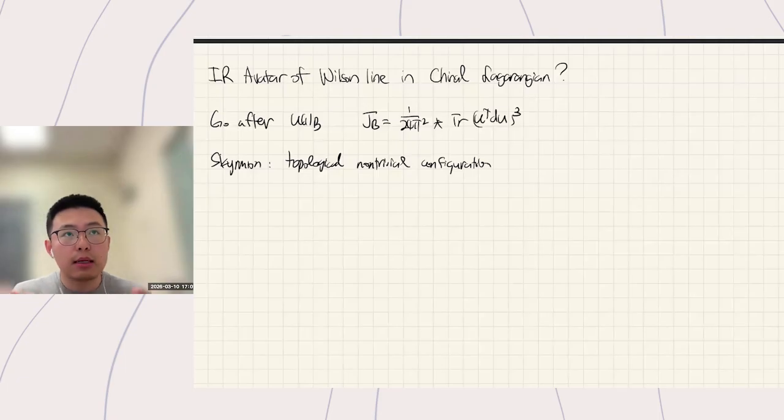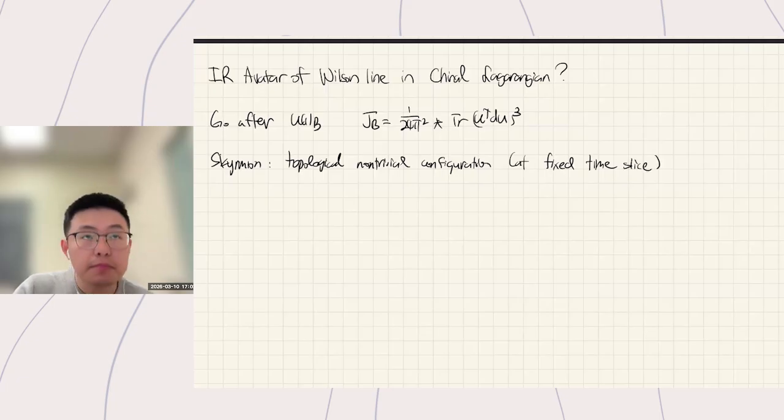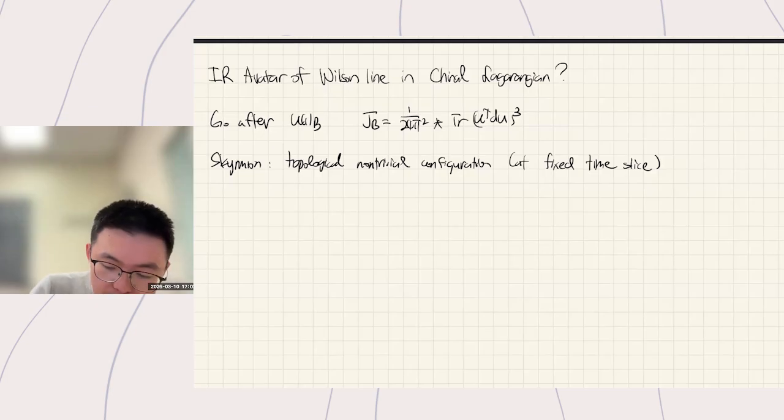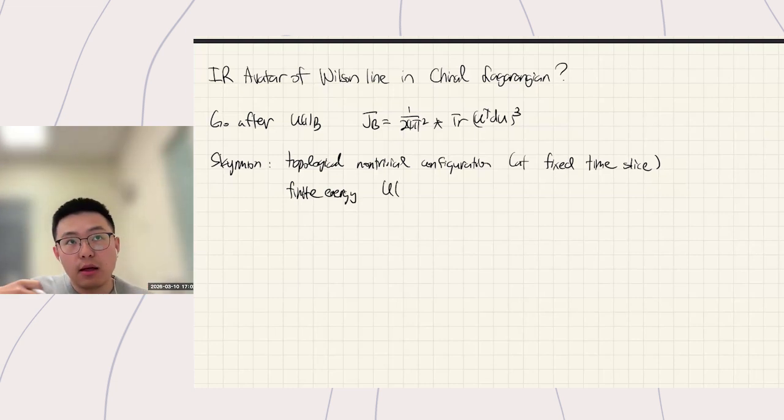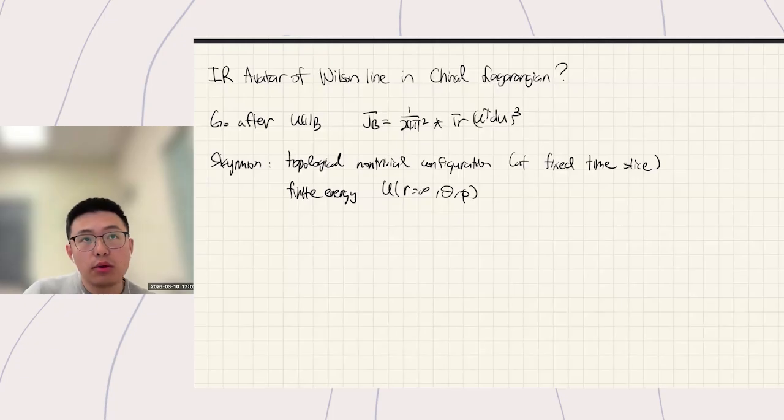These are topologically non-trivial configurations at a fixed time slice, so you can think of them as static particles once you find the solutions. One thing that's important is that if you want these configurations to have finite energy, then the field configuration at infinity, working in polar coordinates, must not depend on theta and phi.